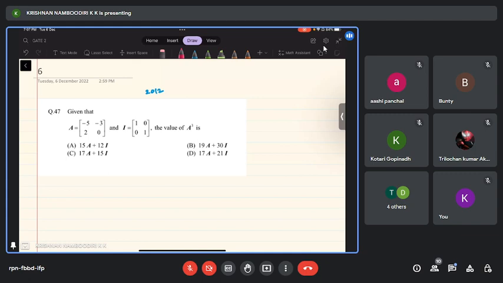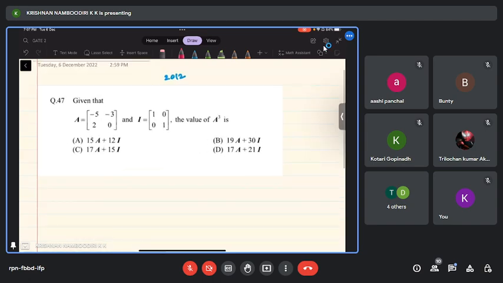If you use that, you will get this answer. In this question, you need to express A cube, where A is this matrix, in terms of the matrix A itself and the identity matrix. You can find A cube and you can try to plug in these 4 equations. Only one of these 4 choices will give the correct answer. You can verify that and you can find the answer.